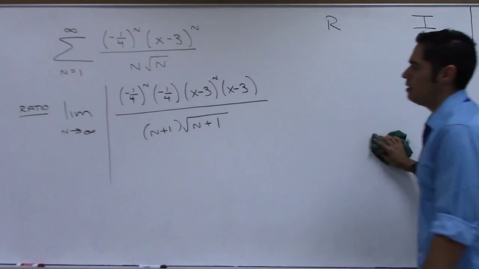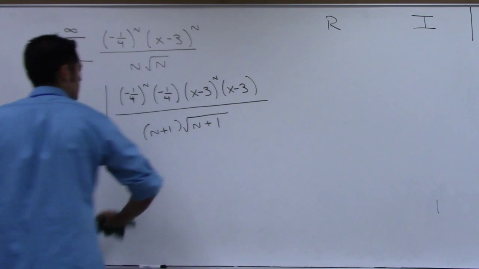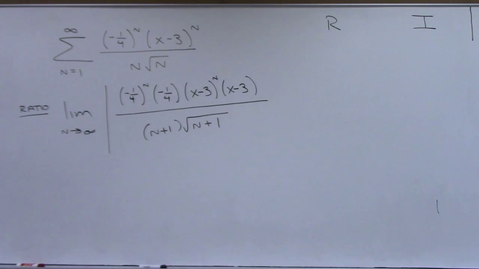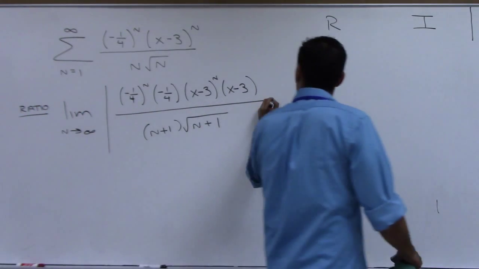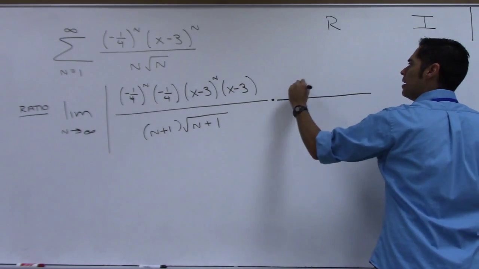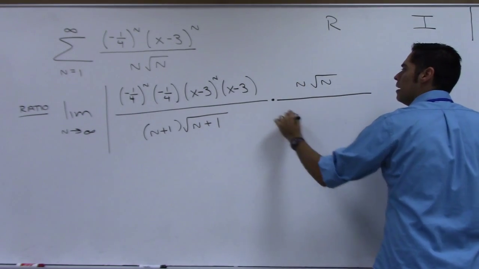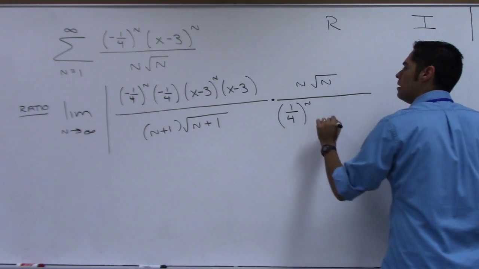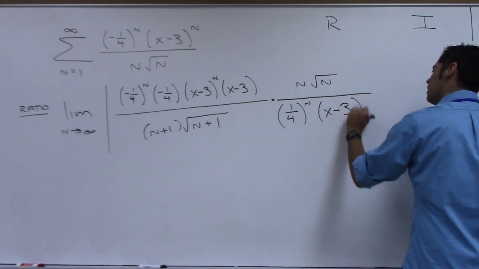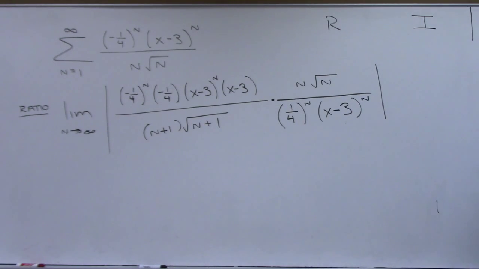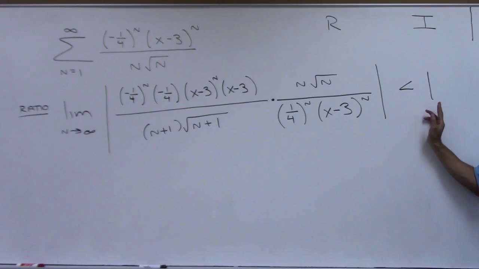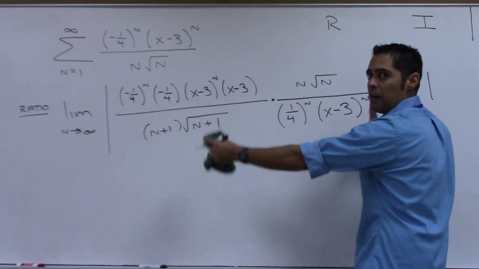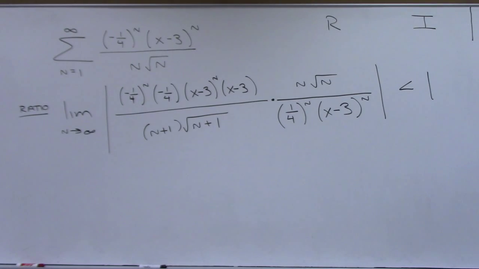Ooh, not looking forward to that. Is that me plugging n plus 1 into everything? Okay. Now, multiply by the reciprocal of that thing: n root n, and then 1/4 to the n times x minus 3 to the n. I need that to be less than 1 for it to converge. I know right now you might be thinking our radius of convergence is 1 because this is going to be that absolute value thing. But just hang tight. Let's see if that actually happens.